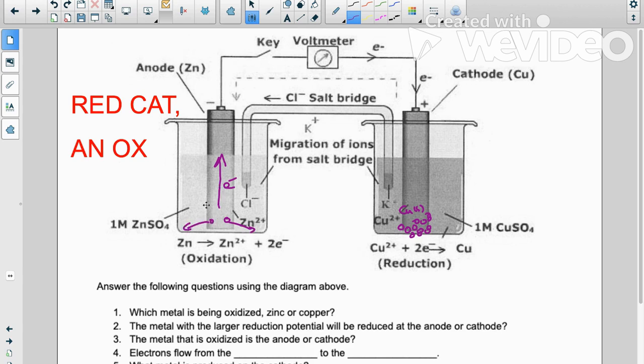So this electrode is losing mass. This copper electrode is gaining mass. And so electrons flow this way. That makes this side start getting negative in charge.